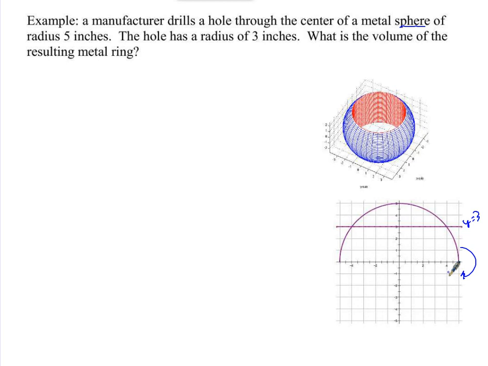The equation for a circle is what? X squared plus y squared equals r squared. Good. That is the equation for a circle that hasn't been translated off of the origin.